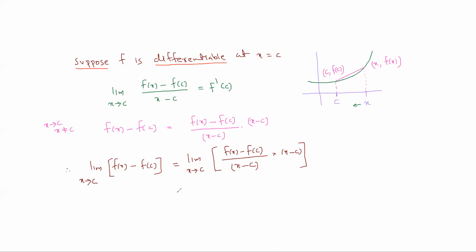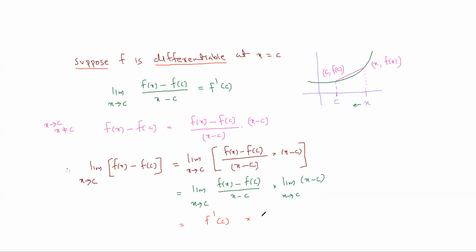So I can write this as the limit of f of x minus f of c divided by x minus c as x approaches c, into the limit of x minus c as x approaches c. And this is nothing but the limit of f of x minus f of c divided by x minus c as x approaches c, which is your f dash c, into, as x goes to c, this x minus c goes to c minus c, that is 0.